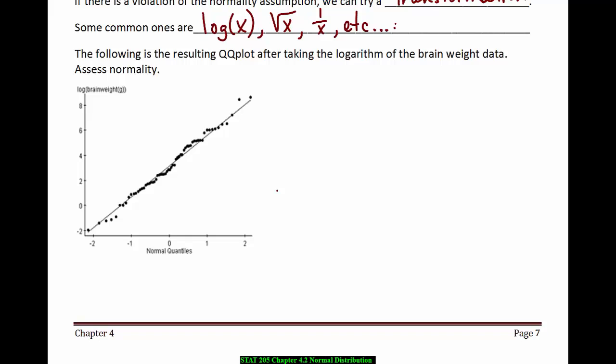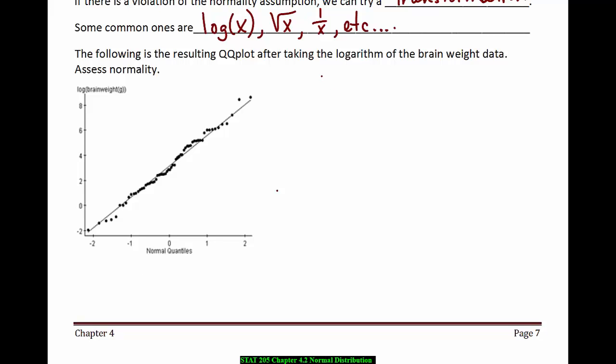Okay? Now what we did to the brain weight data is we took the logarithm of the data. And now if we look at the normal quantiles against the log of brain weights, it definitely looks more linear. If I stand back and I squint and make it blurry, I don't see any shape being formed. It looks fairly linear to me.